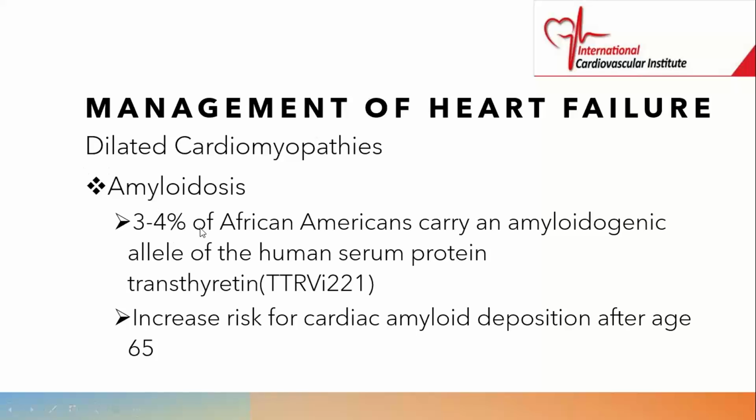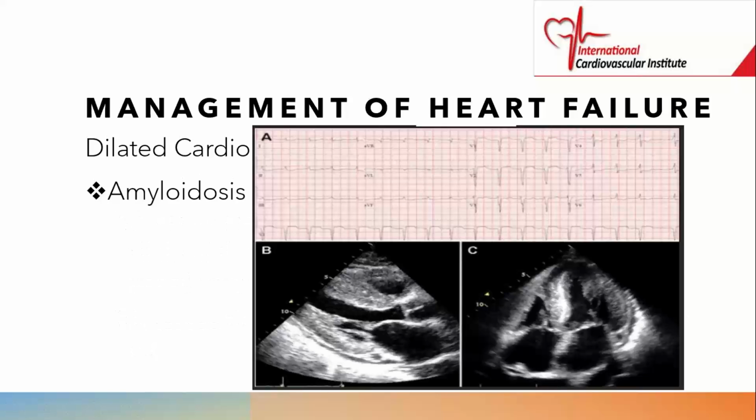There's a 3 to 4% of African Americans who will carry an amyloidogenic allele of the human serum protein transthyretin. So African Americans tend to carry the allele for that. There's an increased risk of cardiac amyloid deposition after the age of 65.